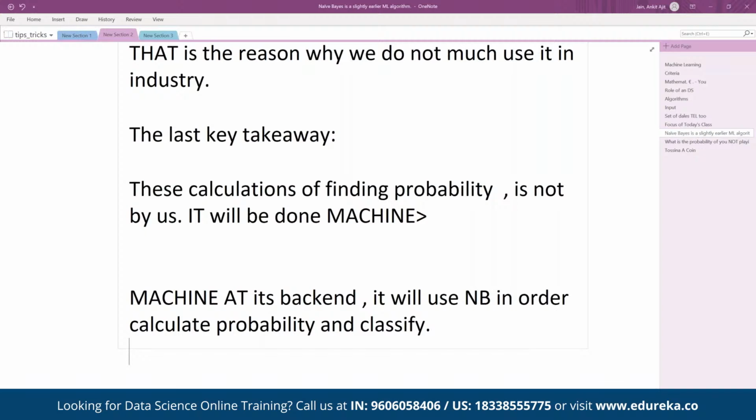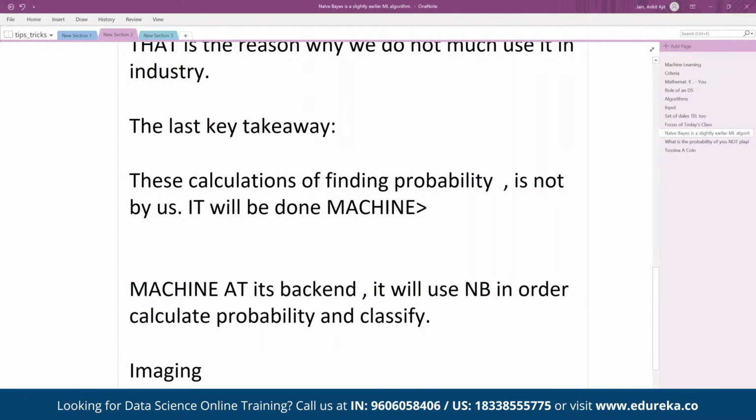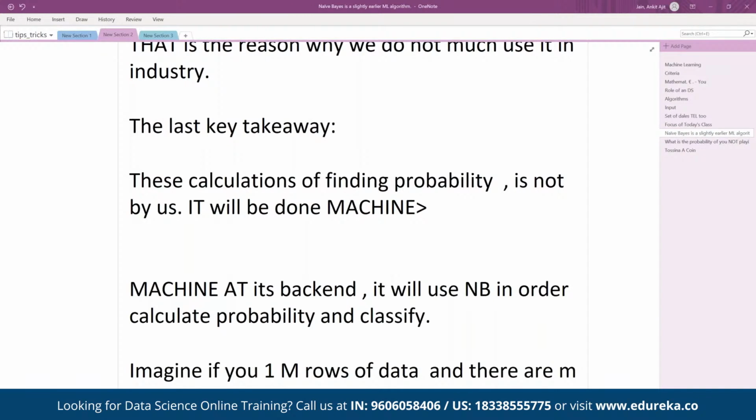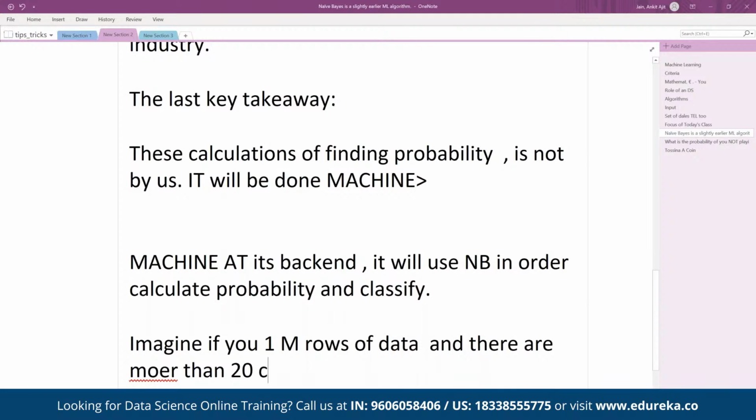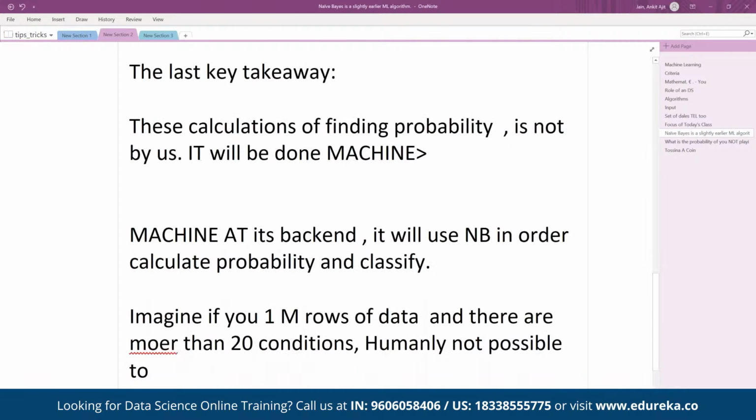Now just imagine if you have 1 million rows of data, and here we had only 2 conditions, sunny and windy. Suppose there are more than 20 conditions, humanly not possible to do the calculations.